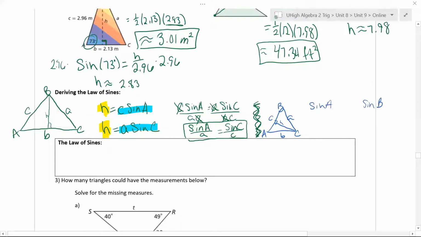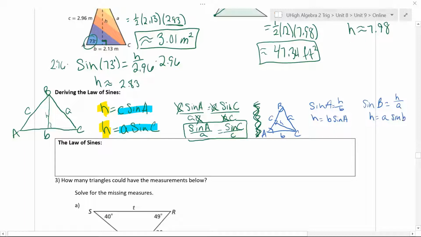The sine of A is opposite over hypotenuse, and the sine of B is opposite over hypotenuse. If I solve both of these for h, I get that h equals b times the sine of A, and h equals a times the sine of B.